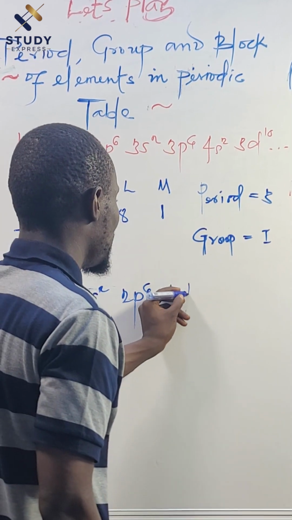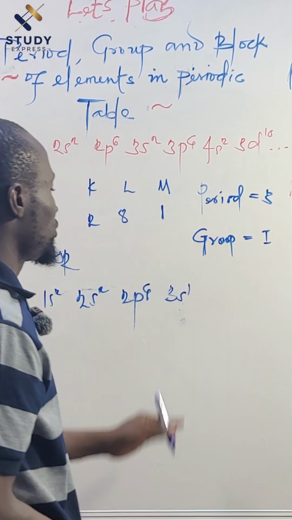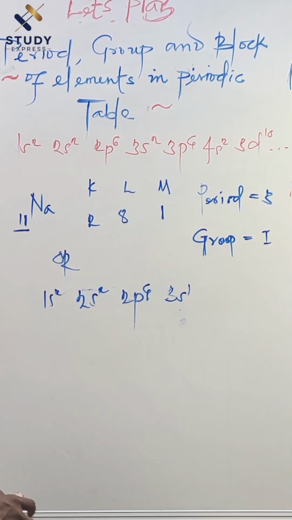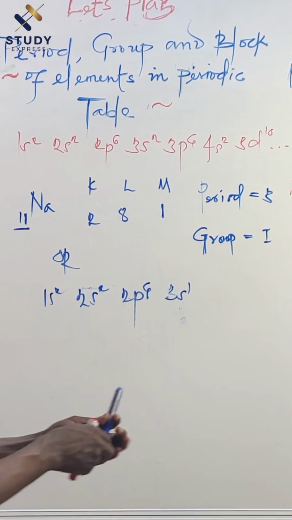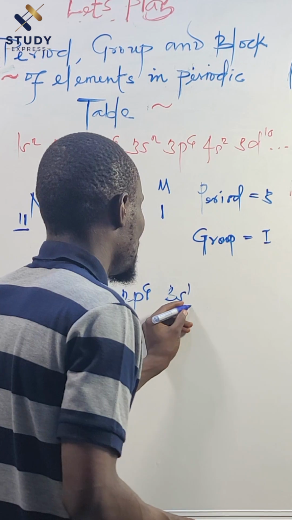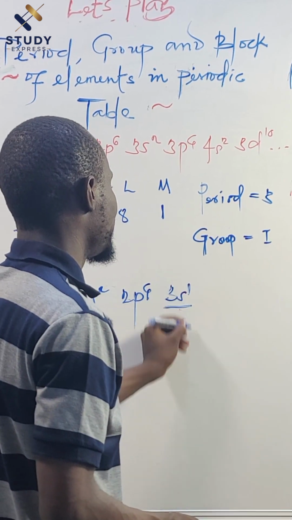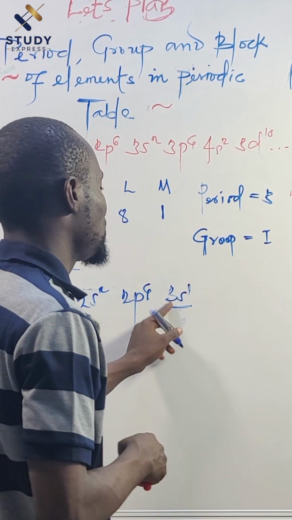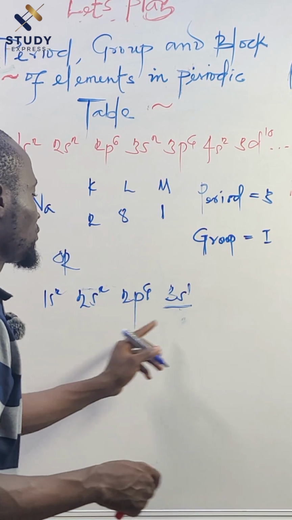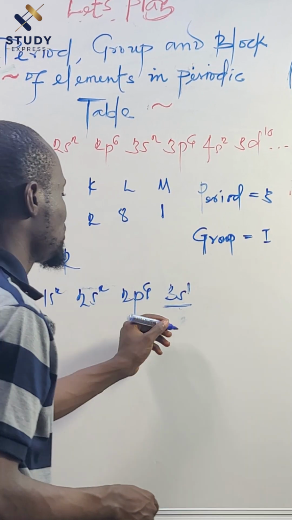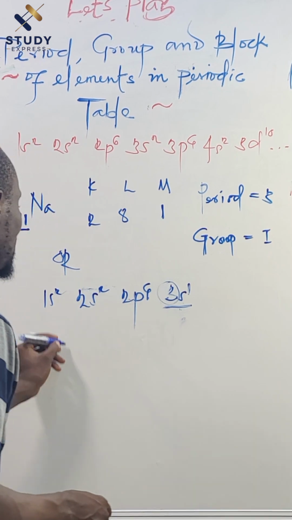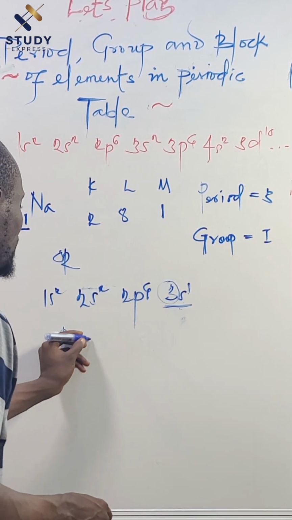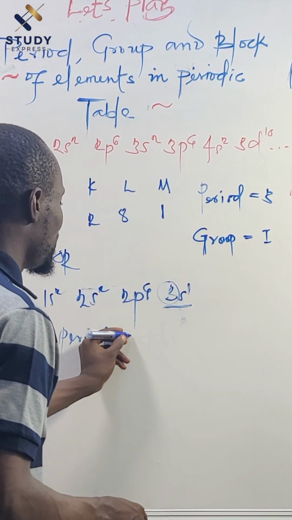So this becomes 3s1. Now, picking the last energy level, or let me say the last shell, which is this, the number here, like I told you, is your energy level. So the 3 here serves as the period. So period 3, good.